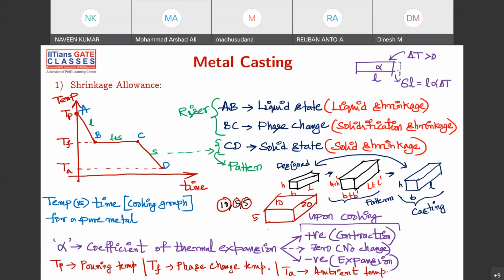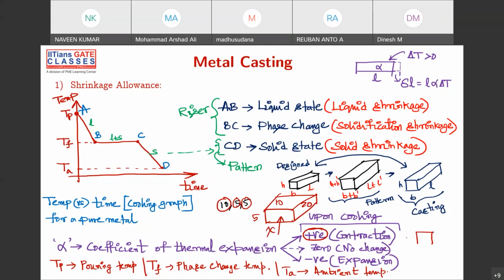So if you want to manufacture this product, and you have, let's say, a positive coefficient of expansion, it means that upon cooling it is contracting. So if you make exactly this hollow shape, once you pour the material, upon cooling, obviously it will not form the same, right? Because it will contract.